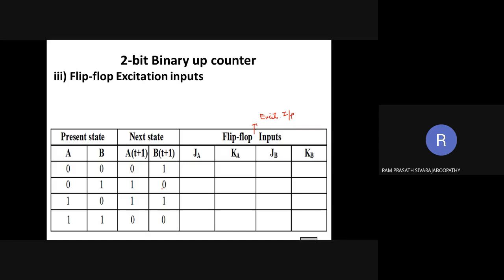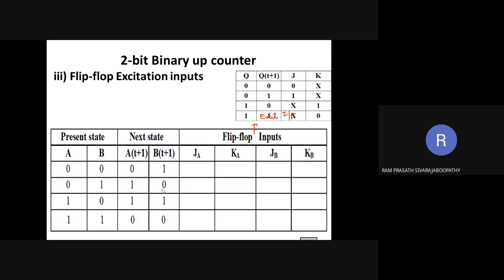So what do we need now? Only if I know the excitation table of the JK flip flop can I proceed. So this is the excitation table of the JK flip flop. Correct? So now you tell me. Present state 0, next state 0.